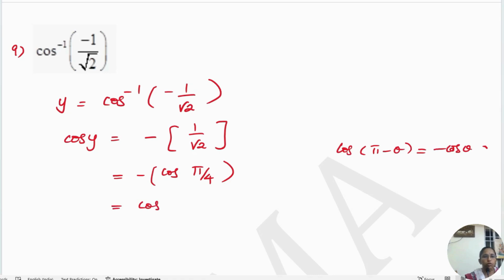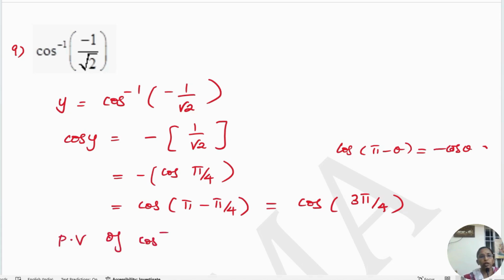So this is cos of pi minus pi by 4. Take LCM. So this will be cos of 3 pi by 4. And the principal branch value for cos inverse is 0 to pi. So the principal value of cos inverse of minus 1 by root 2 is 3 pi by 4, since it falls within this range.